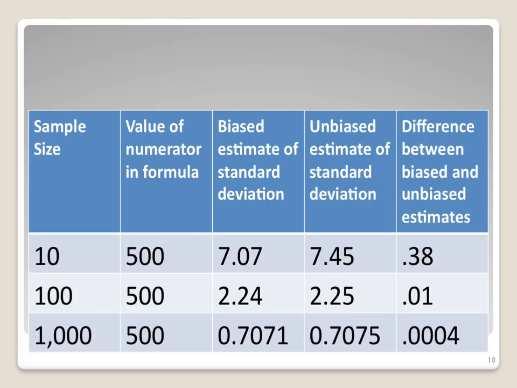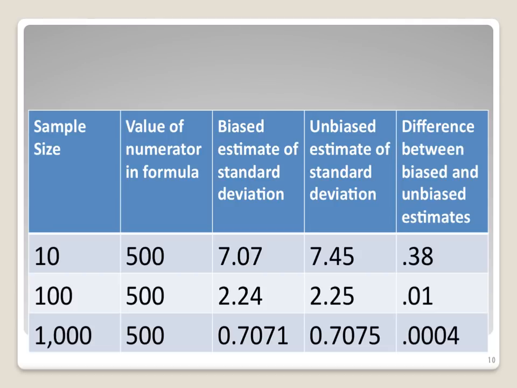So let me give you an example of what I said in the last slide. The population and the sample come into play when we calculate the variance. We rarely have the population, so we're trying to figure out the variability of the population based on a sample. So as our sample size decreases, the difference between the biased and the unbiased estimates changes.